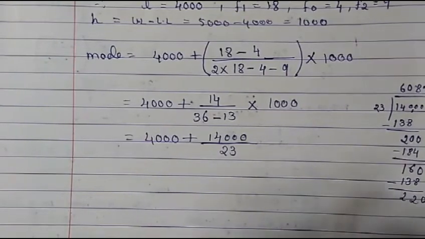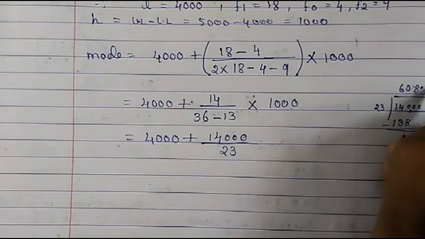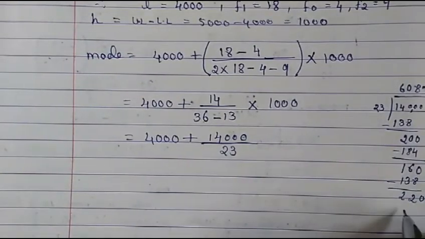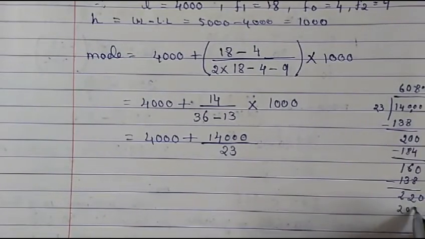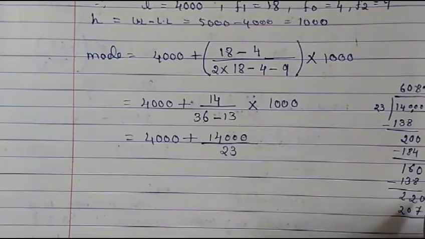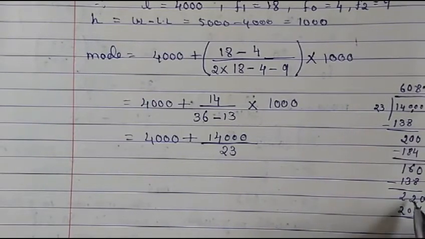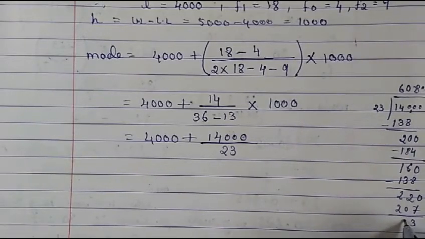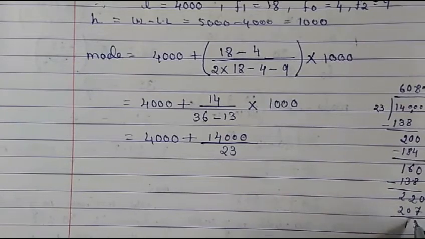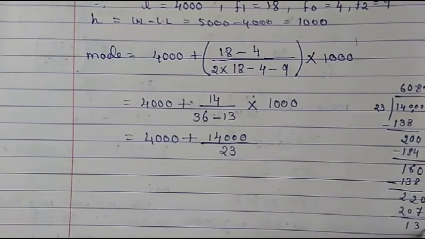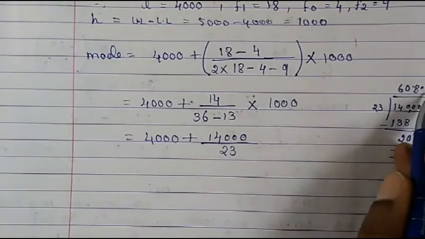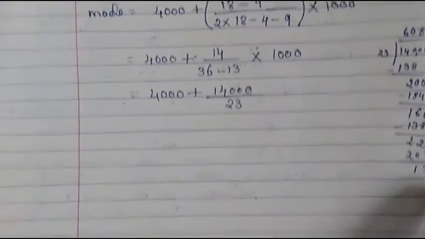We add 0, and 9 times 23 will give us 207. So 10 minus 7 will give us 3. So then it will go on. If we add 0, again it will go on. So after decimal, there is not much value. We just stop it here only.